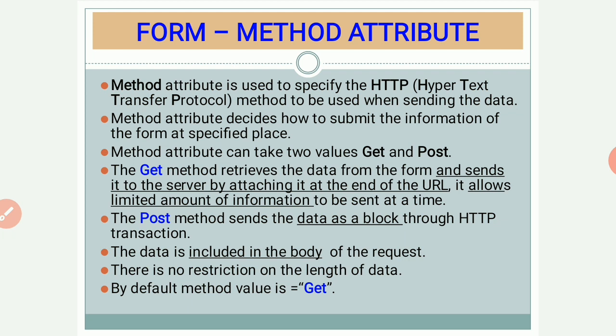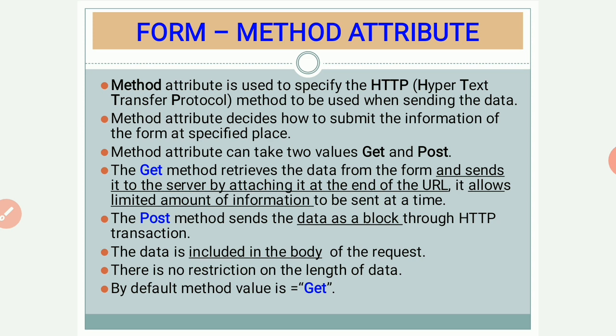The second attribute that is available with the form tag is method. The method attribute is used to specify the HTTP, that is Hypertext Transfer Protocol, method to be used when sending the data. It means this attribute specifies which method is to be used when we are sending the data.